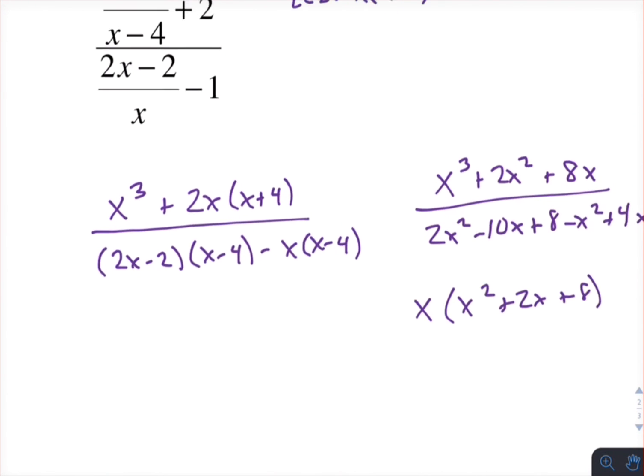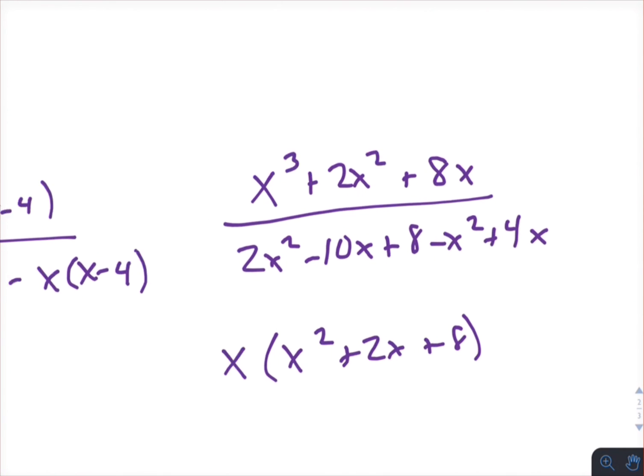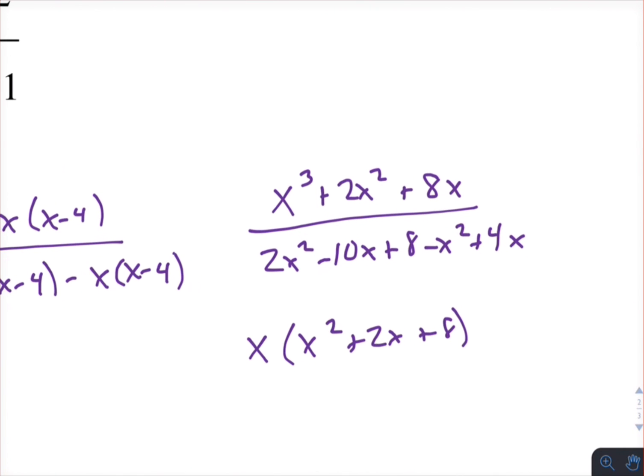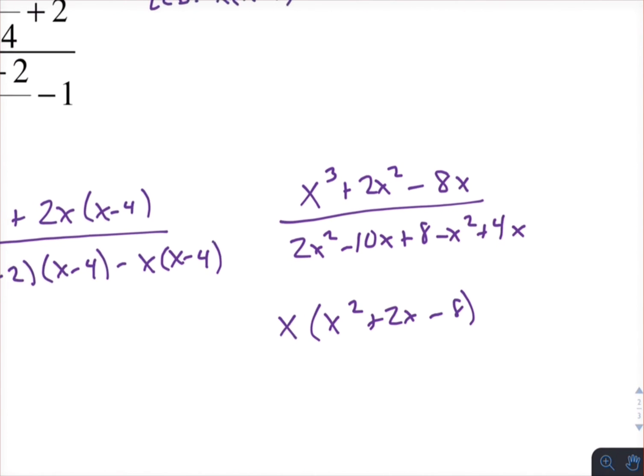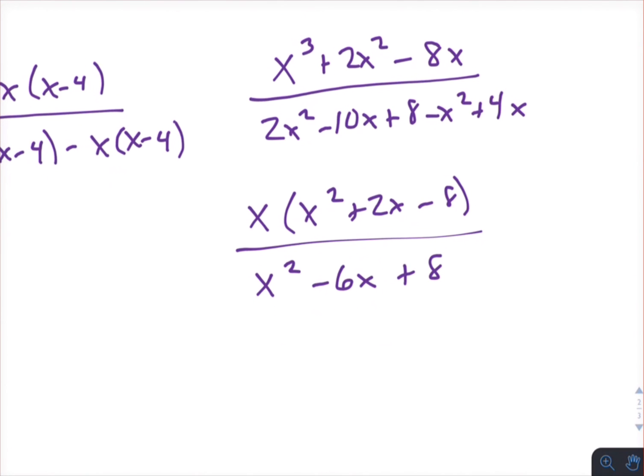Oops. Need a minus 4 here, which is going to give me a minus 8x there and a minus 8 there. Sorry about that. I knew that didn't look familiar. Okay, and then x squared minus 6x plus 8. So now factor.